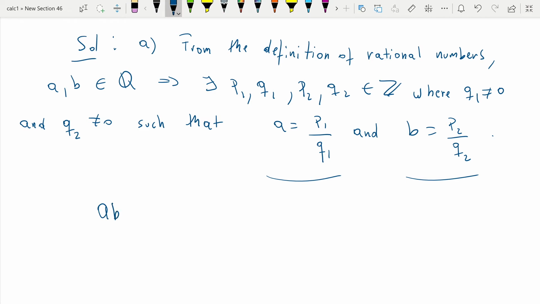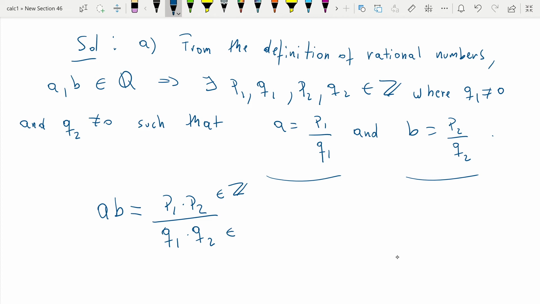And so how we proceed: A times B, remember the rule for multiplication of rational numbers. You just need to multiply the numerators and the denominators. And what are the important points here? When you multiply integers, you obtain another integer, so this is in Z, right?